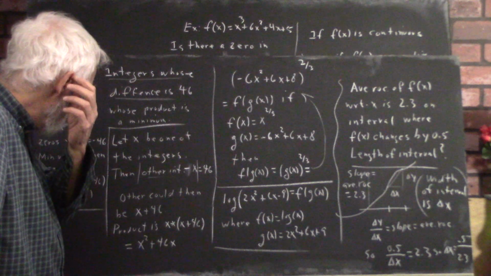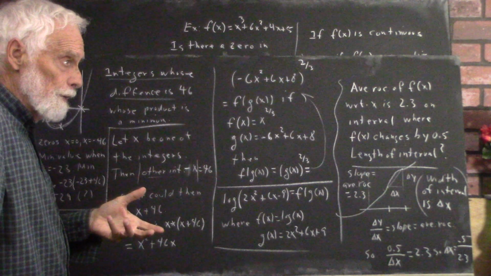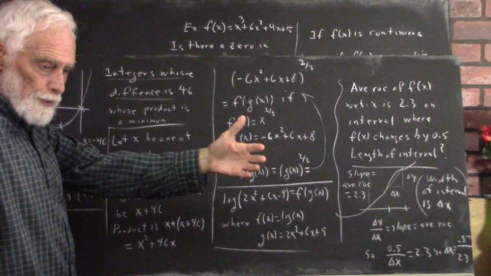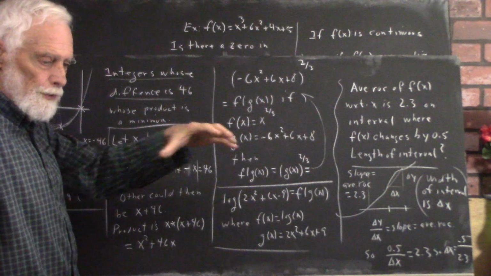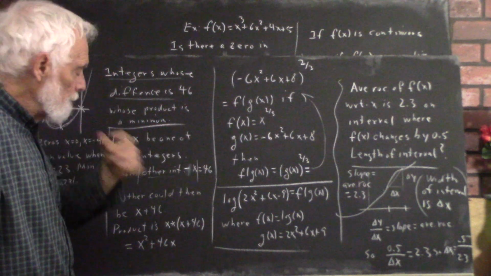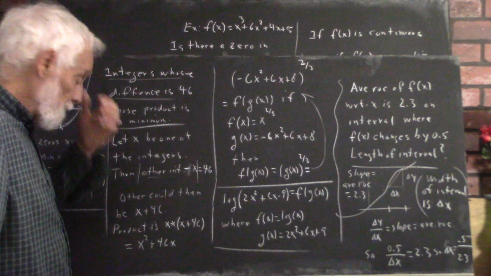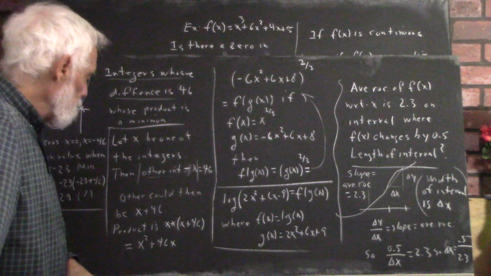Now somebody wanted to use 46 minus x, because of course we did a problem earlier where you cut a wire into two pieces, length of the wire is 60. If you cut it so that one of the pieces has length x, the other is going to be 60 minus x. So it's real easy to write that sort of thing down, and it wasn't a bad guess, but if you check it out, it's not going to give you a difference of 46, okay?